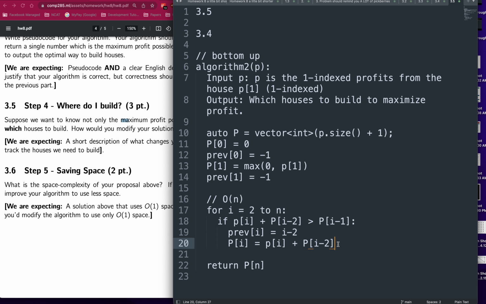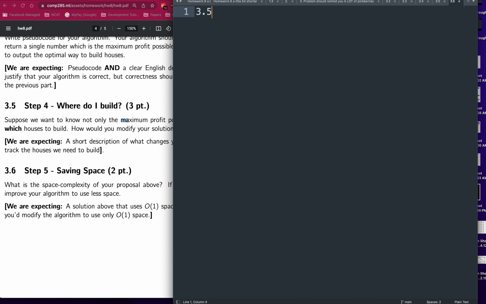And if it's -1, then you don't take it. Yeah, something like that. Actually, I'll let you guys think about this one. Good luck.